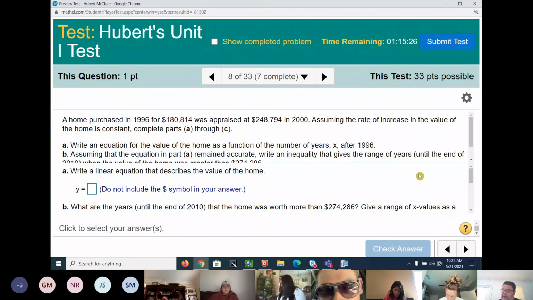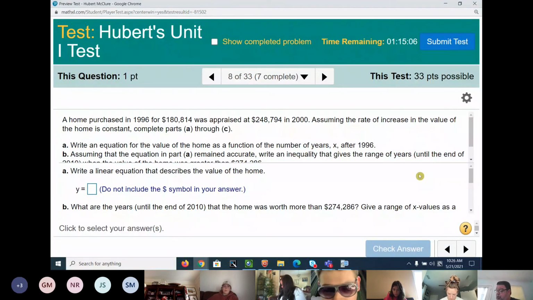So therefore, we got to have a point and a slope. Y minus y sub 1 is equal to m times x minus x sub 1. And we're going to need a slope.